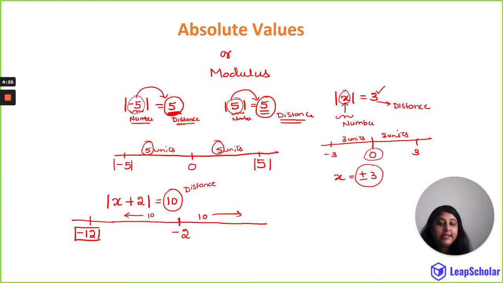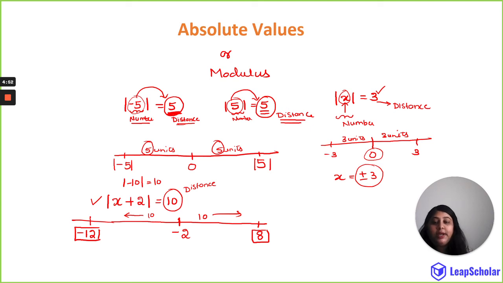On the other side, 10 units away, it is 8, so x can be 8. If you want, you can check it: 8 plus 2 is mod of 10, which is 10. Minus 12 plus 2 is minus 10, and mod of minus 10 is 10 again. This is how you can solve absolute value or modulus questions using a number line.